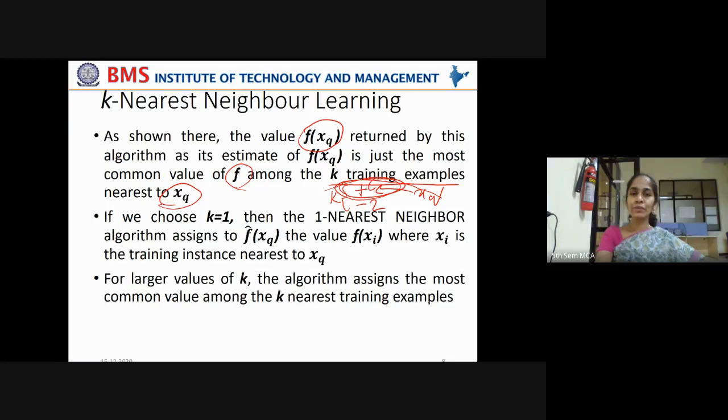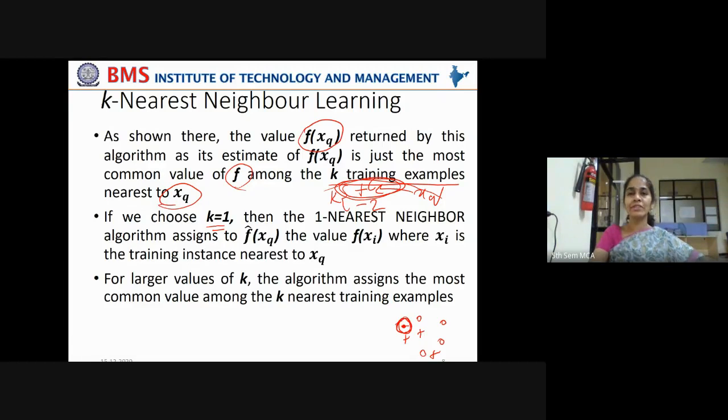Okay, now if we choose k equal to 1, now this is again important. If we choose k equal to 1, means the number of neighbors is one nearest neighbor, just one nearest neighbor. Say you have a dot, circle, positive, positive, circle, like this. Okay, say you have two classes here, circle class and positive class, plus class. Now this is the new instance.